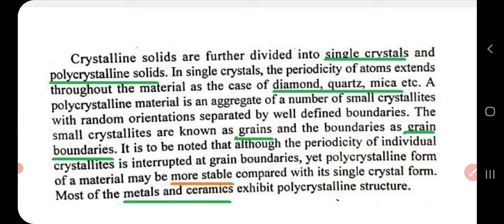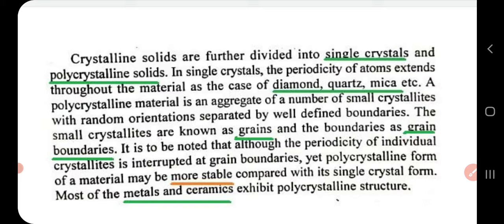Now, another category that belongs to the crystalline solids is called polycrystalline. Polycrystalline is nothing but an aggregate. Aggregate means a collection of a number of small crystallites, also called grains.